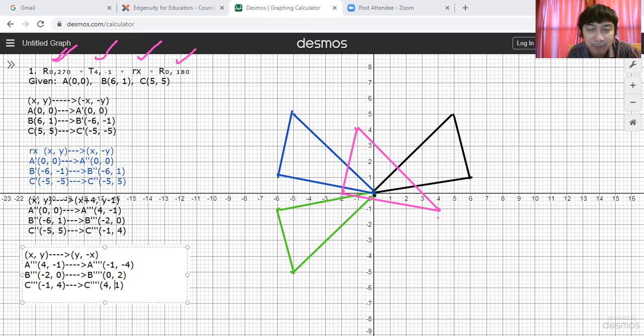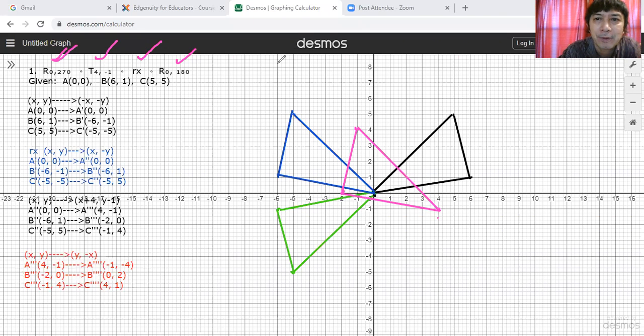It's time to draw our final output. Let's use the red now. Our A four primes, the last point, will be negative 1, negative 4.